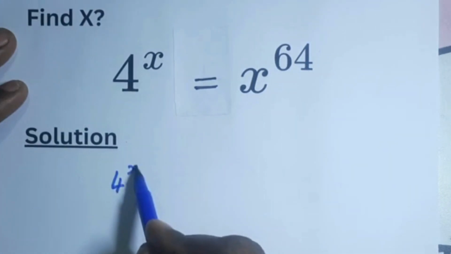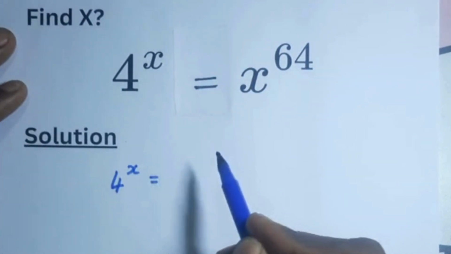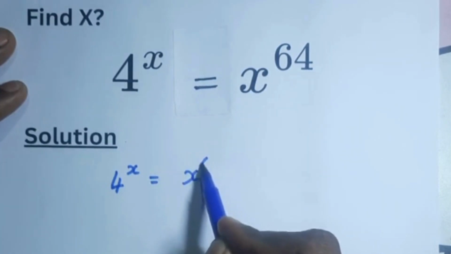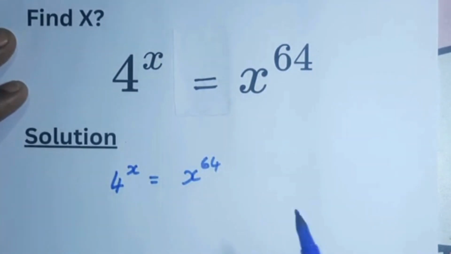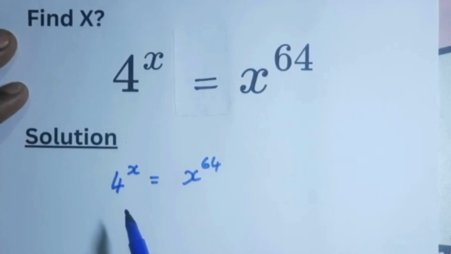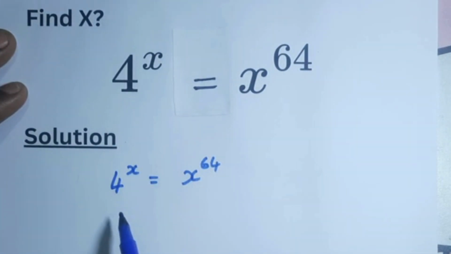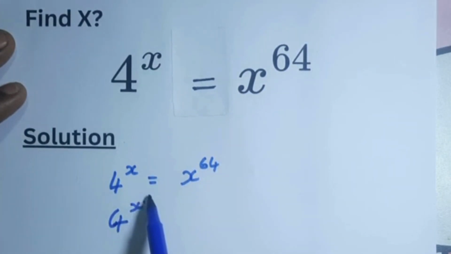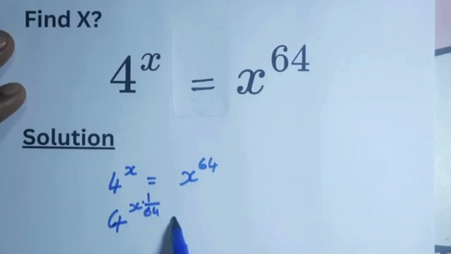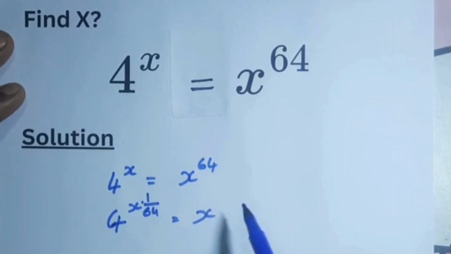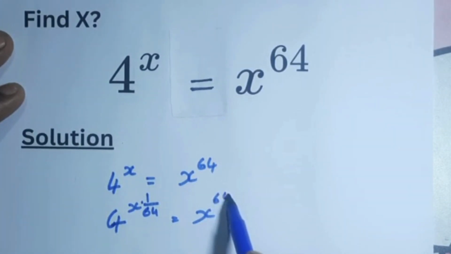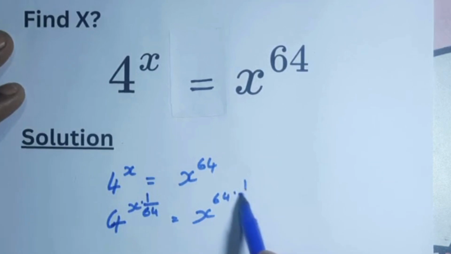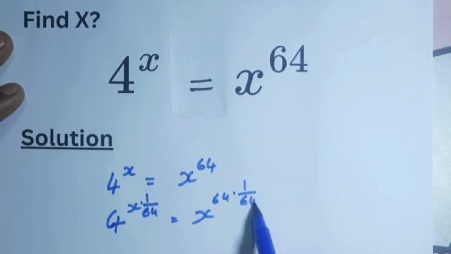4 to the power of x equal to x to the power of 64. Now we are adding 1 by 64 in the power on both sides. 4 to the power of x into 1 by 64 equal to x to the power of 64 into 1 by 64.